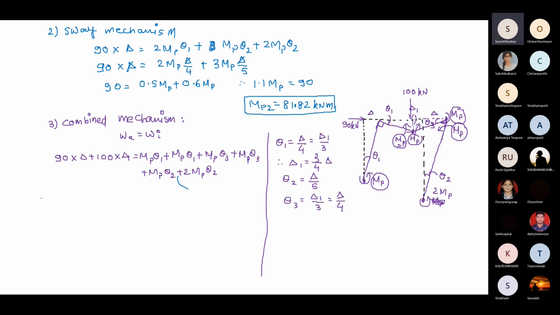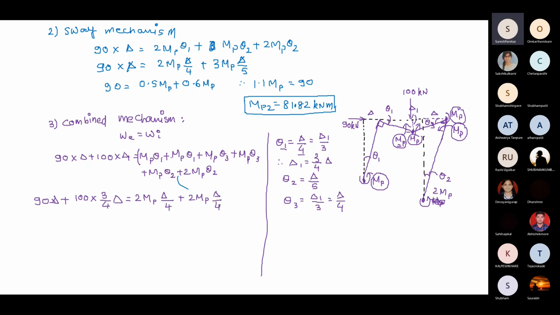And then we will substitute all values in delta. So 90 delta plus 100 into delta 1 is 3 by 4 delta, which is equal to 2 MP theta 1, we have 3 by 4 delta. Sorry, theta 1 we have delta by 4. 2 MP theta 3 also we have delta by 4.